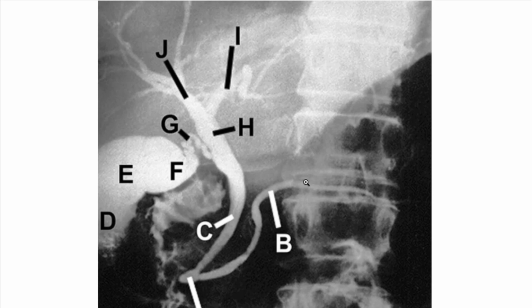T-tube cholangiogram. It is sort of a cholangiogram, but what type of cholangiogram is it? There isn't a T-tube in there. Then ERCP. I don't know. Yeah, this is an ERCP.